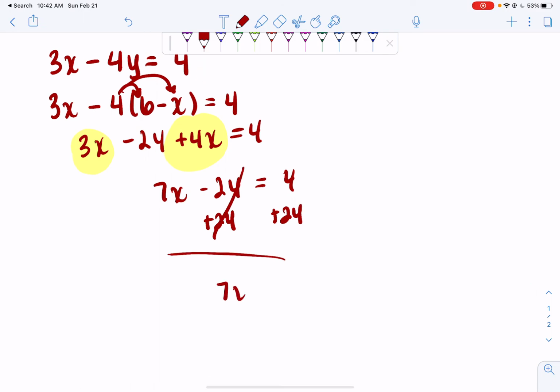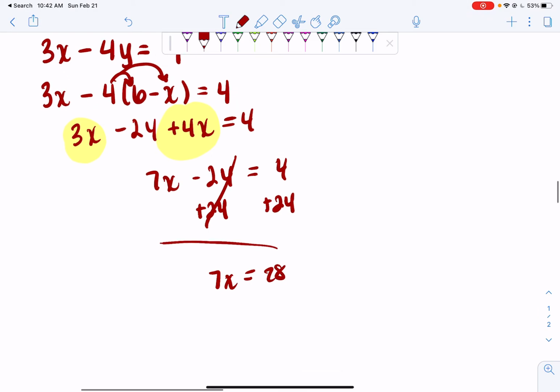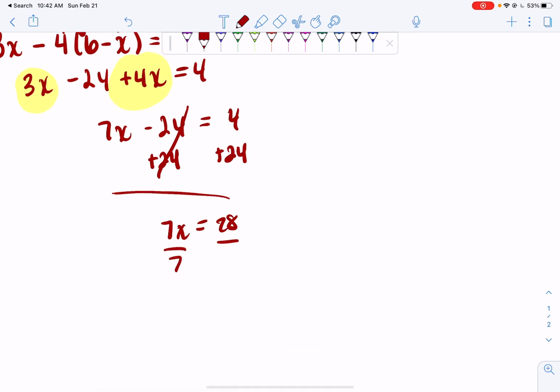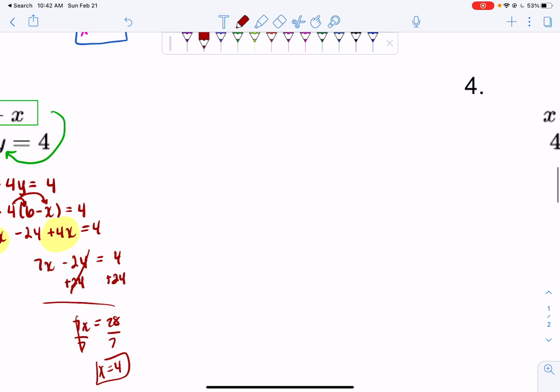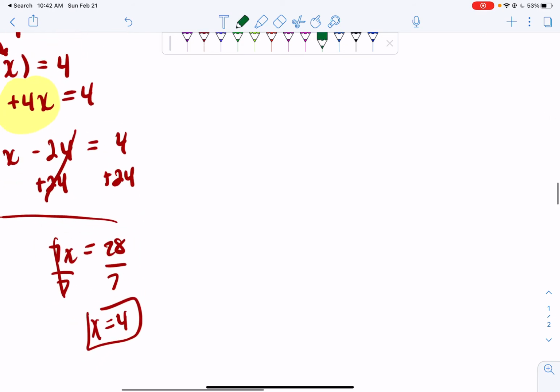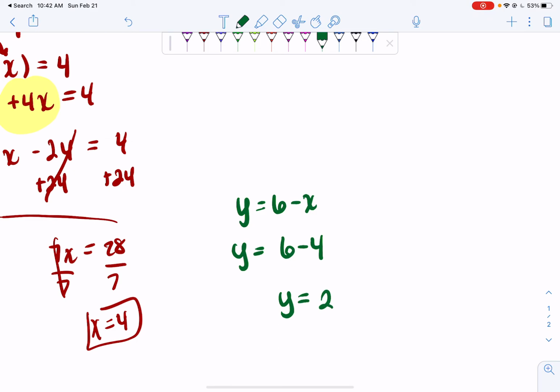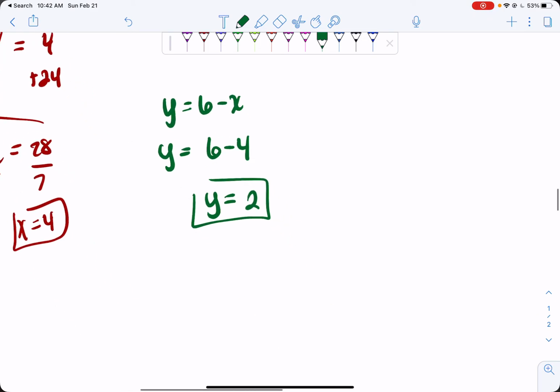So I get 7x equals 28, and then I divide by 7. Now that I know x is 4, I just plug it back into my first equation. Y is equal to 6 minus x. So y is equal to 6 minus 4. So y is equal to 2. So 4 comma 2 is your final answer.